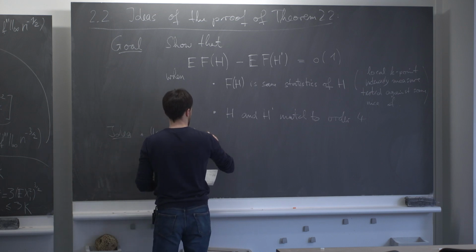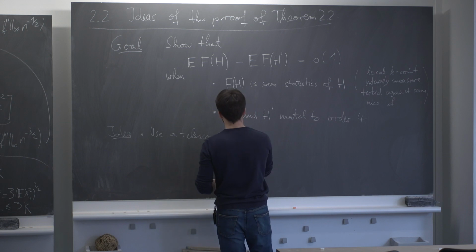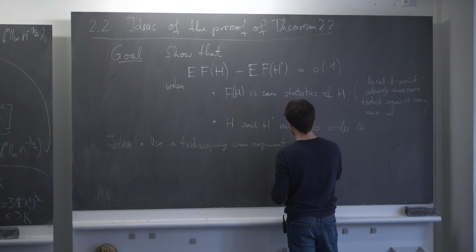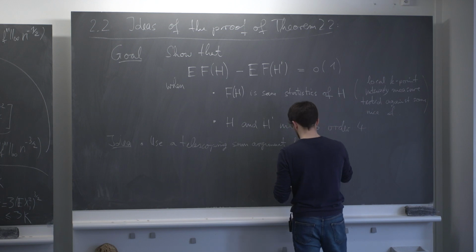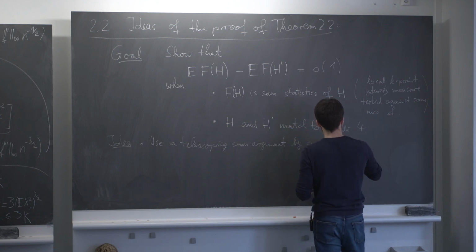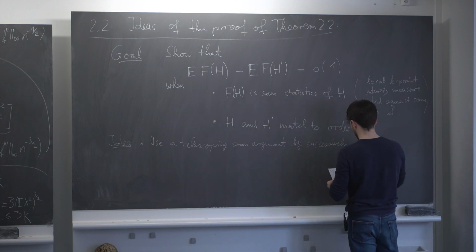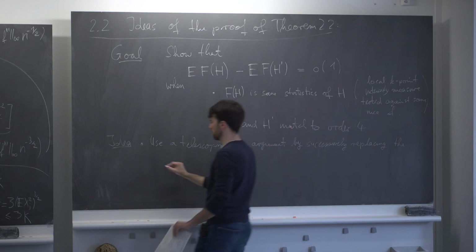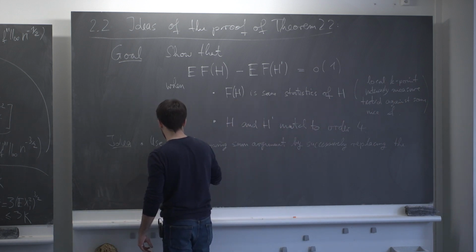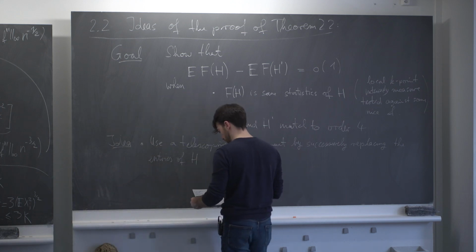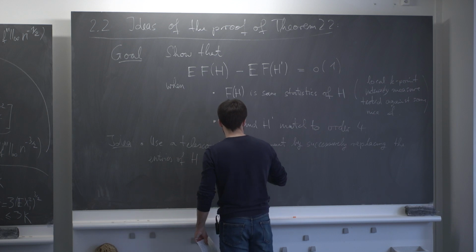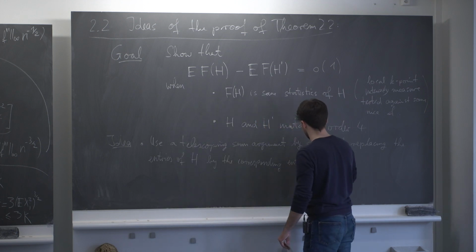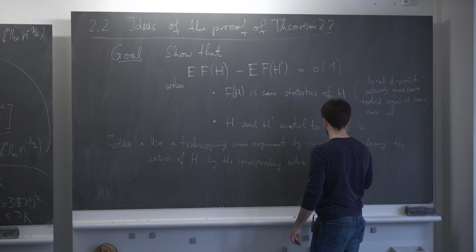Use a telescoping sum argument where we replace the entries of H successively by the corresponding entries of H prime.